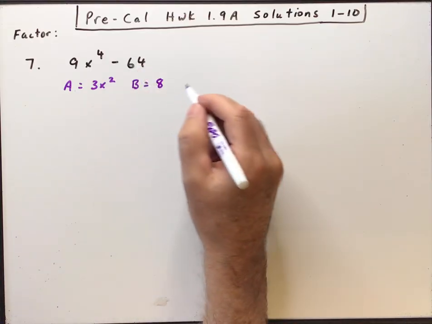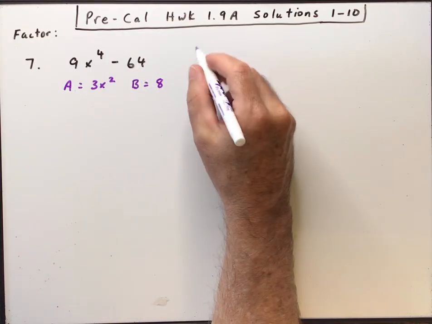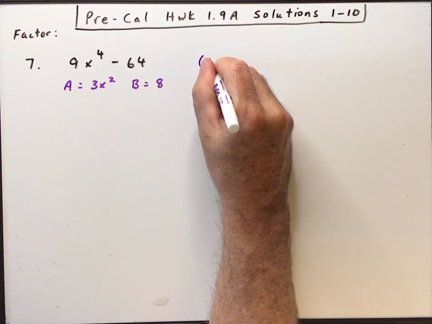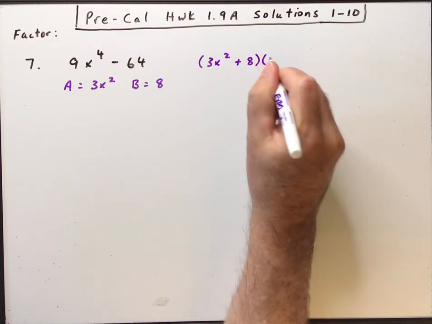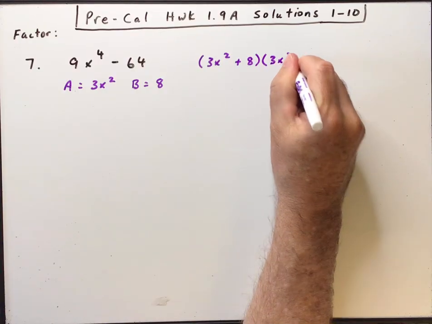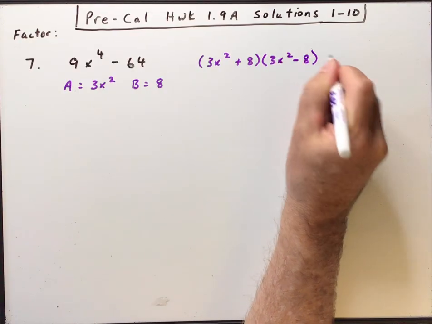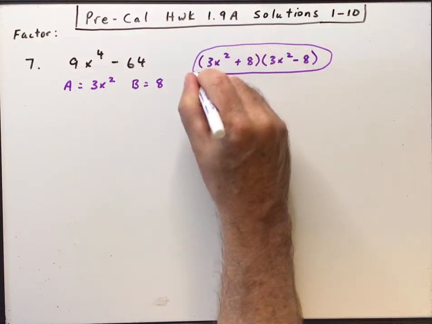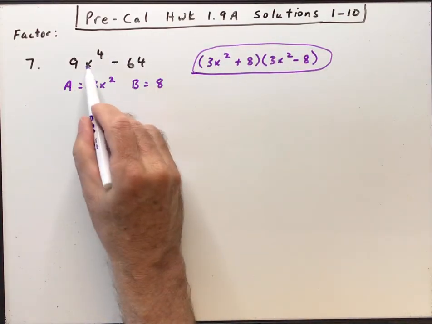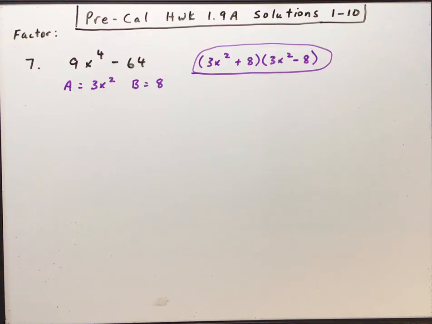All right, 8 times 8 is 64. So we would factor this into 3x squared plus 8 times 3x squared minus 8. And if you want to check that, and it doesn't matter which parenthesis you write first, FOIL that back out, and you'll end up with the original problem.